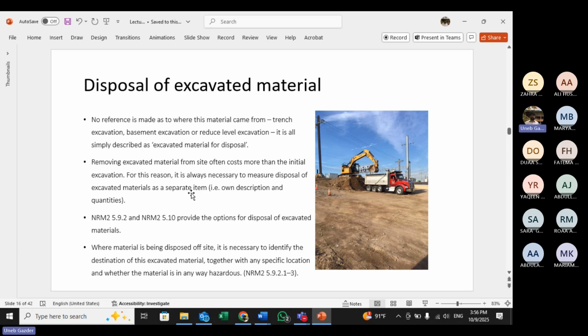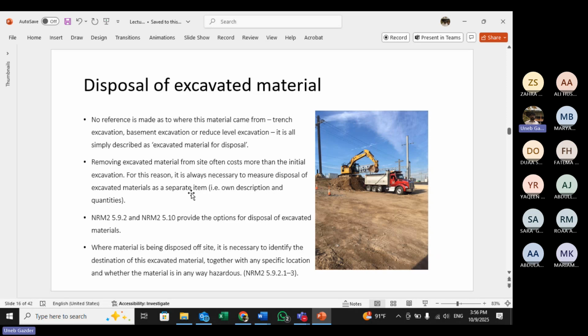We don't need to mention where the material came from. You can mix the entire excavated material. You don't need to keep the material of topsoil and bulk excavation and foundation excavation separate. After excavation, you can just put them in one truck and dispose of them if you want to.